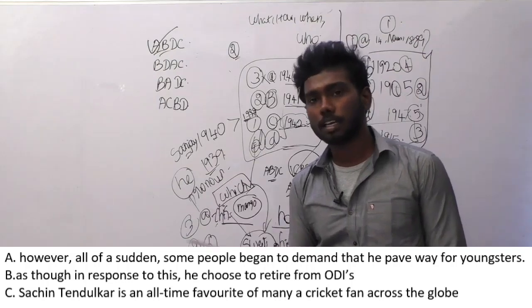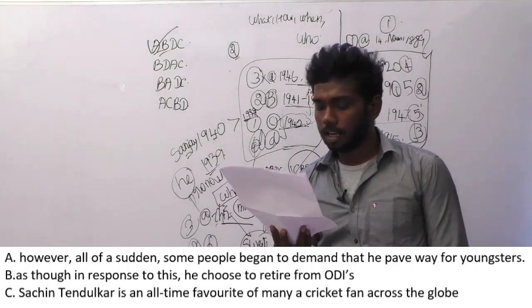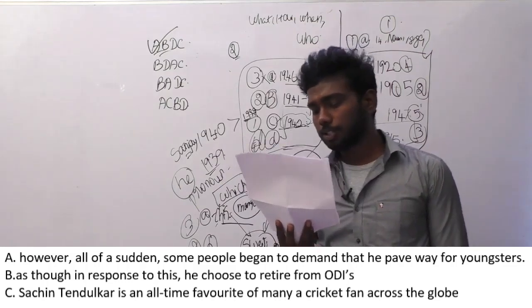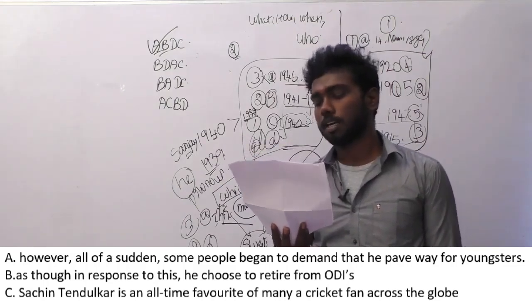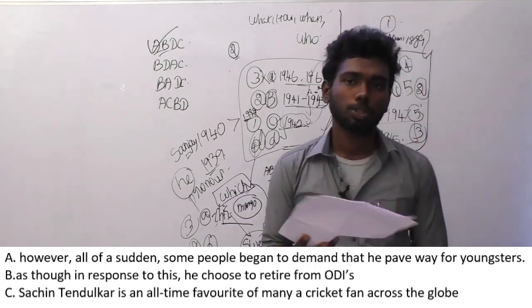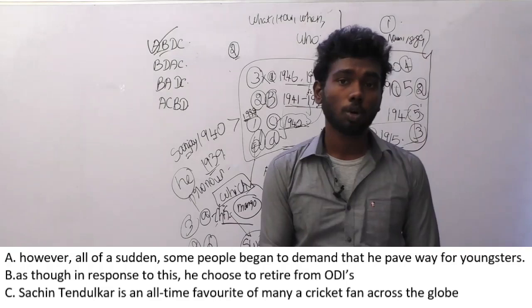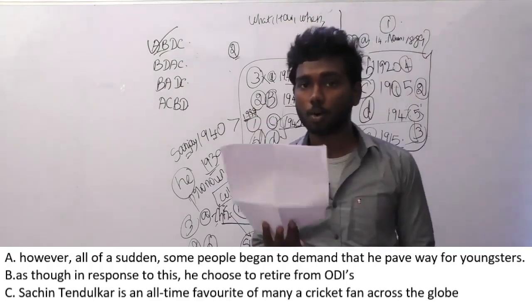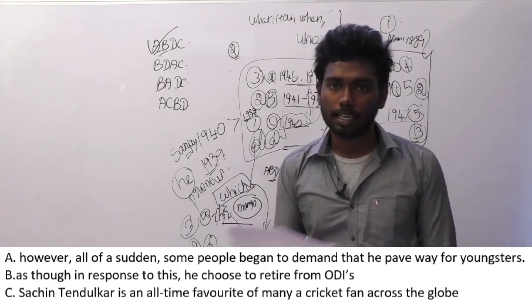Who is that he? That is the question here. Option B: "As though in response to this he chose to retire from ODIs." So a person chose to retire from ODIs, and we still don't know who that he refers to. So you keep on thinking in your mind who that he is.